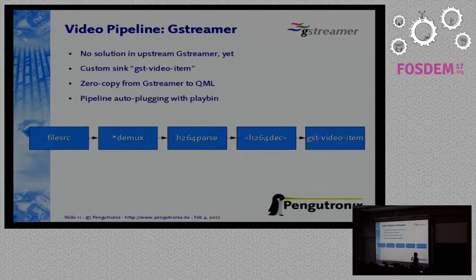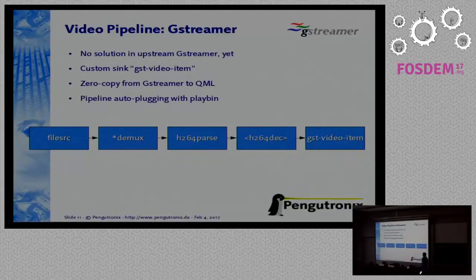Then we do some demuxing for getting it from a container format to the raw stream, some parsing, and then we need a decoder for our video data. And we also want to do that in hardware and don't want to do that in software.